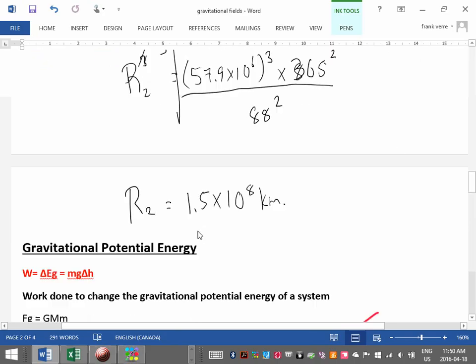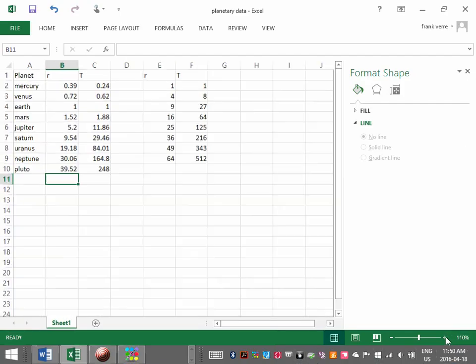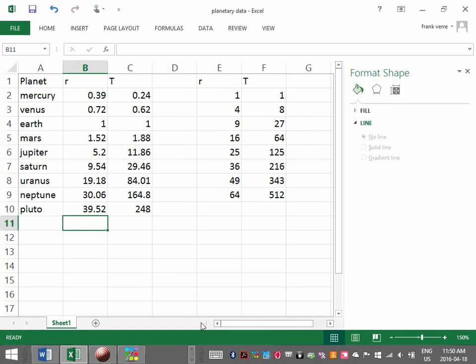Okay. So I have some data here that I actually just pulled off the internet. Here, the radius is in something called an astronomical unit, which is basically the distance that we just calculated for Earth, about 150 million kilometers, is one astronomical unit.